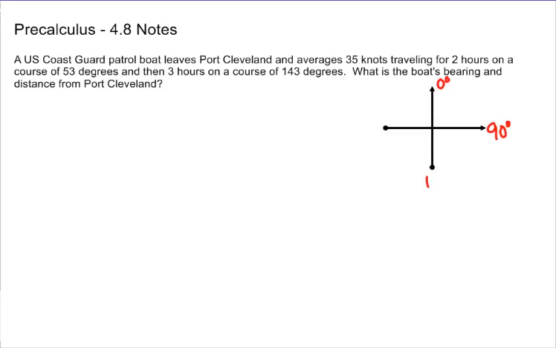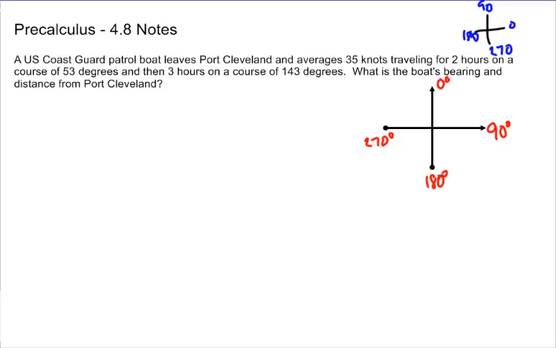On the bottom, 180 degrees. And on the left, 270. So it's a little bit different from the unit circle, which you've really gotten good at, and it starts and goes 0, 90, 180, 270. So there is a difference here. That's the only difference, though. Everything else will be the same.